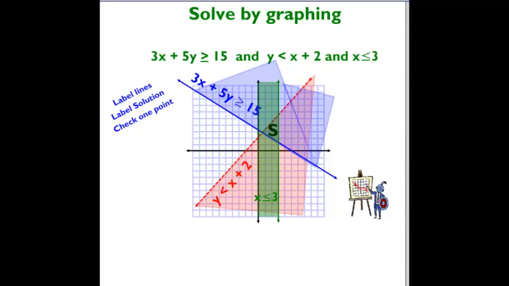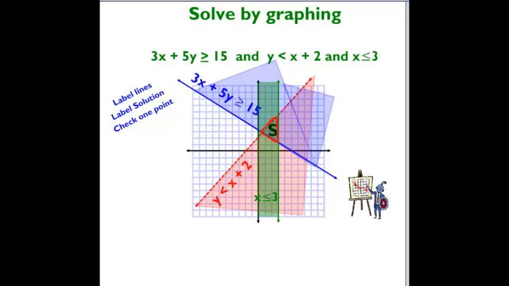So 3, I have 3 different equations graphed, and the solution set is really just this triangular region here where the S is. I have 3 regions shaded, 3 regions have a label. I have 2 solid and 1 dashed line.